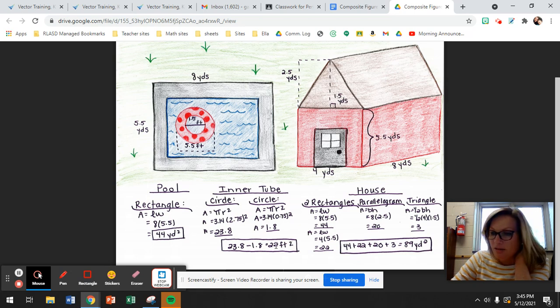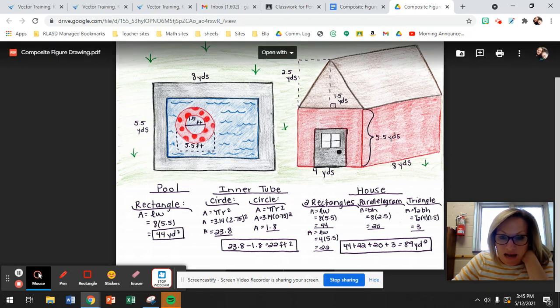Oh, that should be a point in there, 2.2. Not 22, 2.2. That's why it is important with those decimals. So the area of my inner tube is 2.2 feet squared.